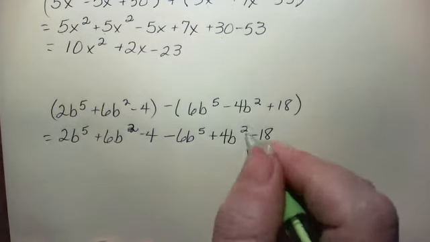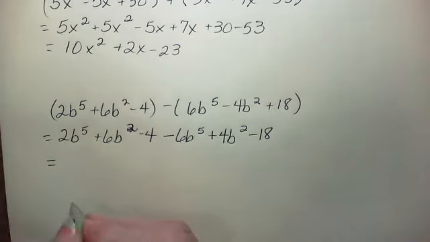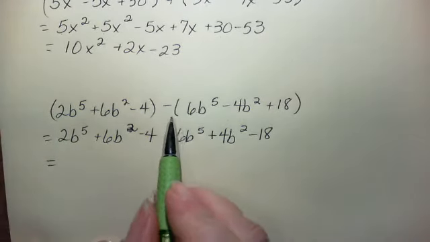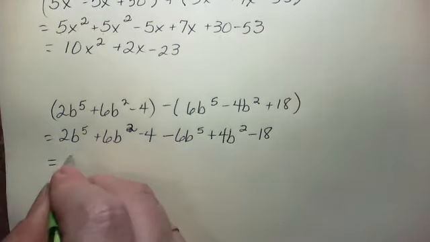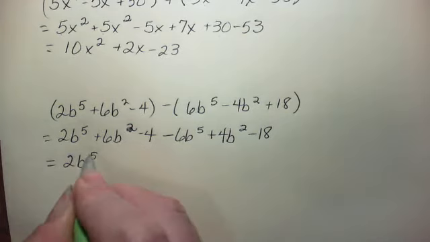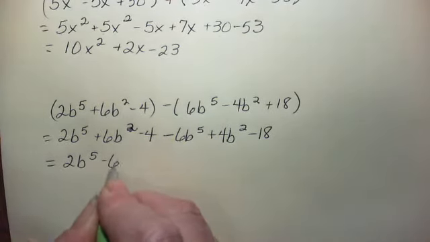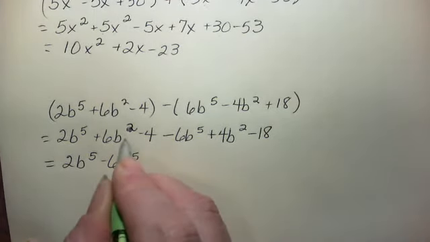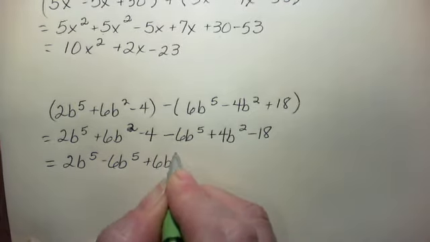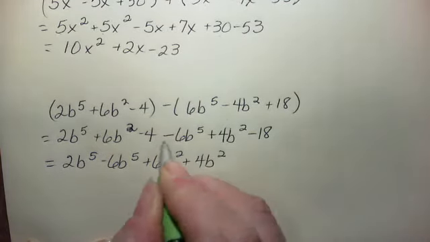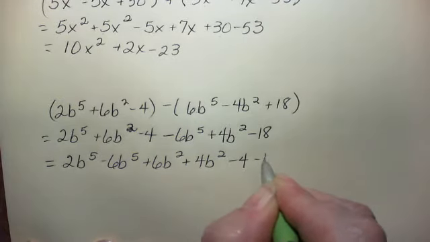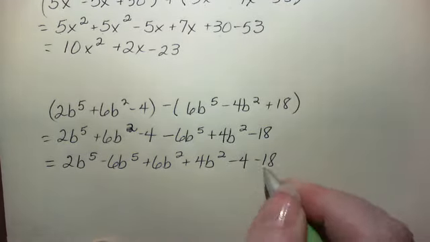Now this one becomes like the one where we added, because we've distributed the subtraction. Now we can collect like terms. 2b to the 5th with the like term negative 6b to the 5th, plus 6b squared with the like term plus 4b squared, minus 4 with the like term minus 18.